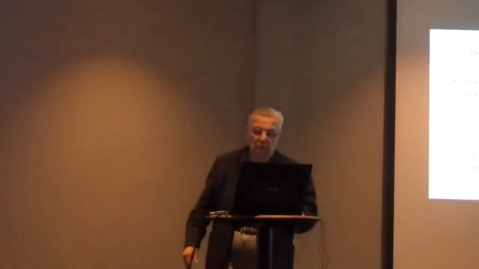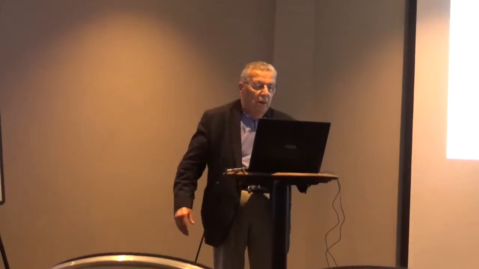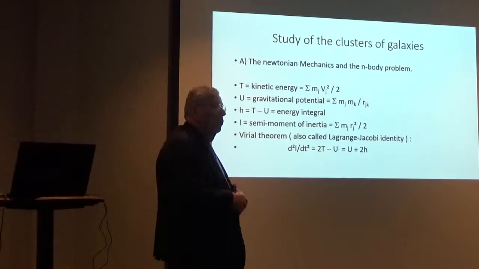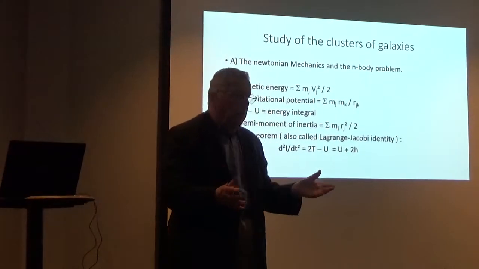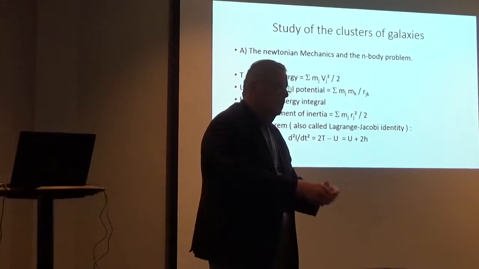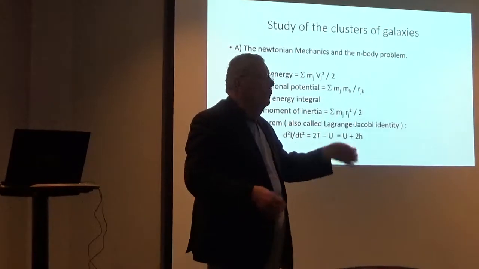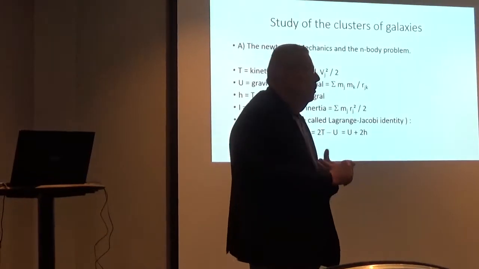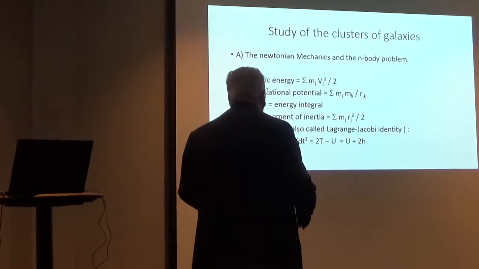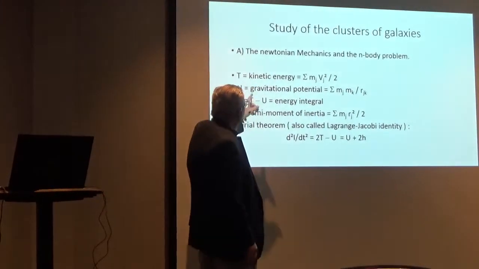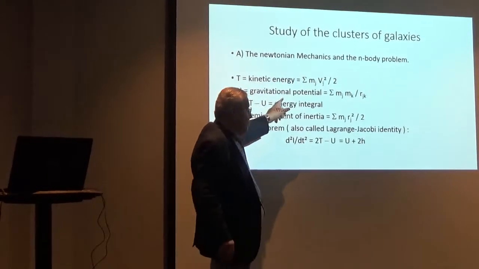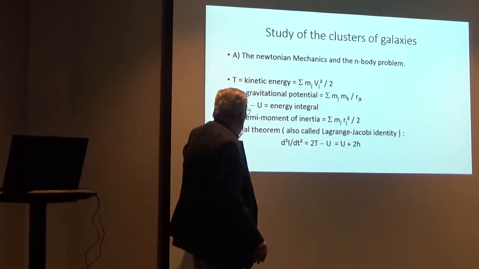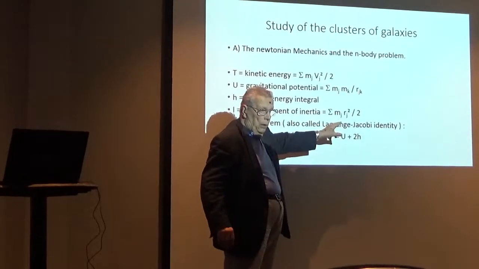And what is the essential element of that analysis? Consider an n-body problem under the equations of Newton. We know that there are some general properties, such as the motion of the center of mass, rectilinear. We will put the origin of coordinates at the center of mass, and there are the integral of energy and the integral of momentum. And also this general property related to the kinetic energy T, the gravitational potential U, H the energy integral, constant, and I the semi-moment of inertia.